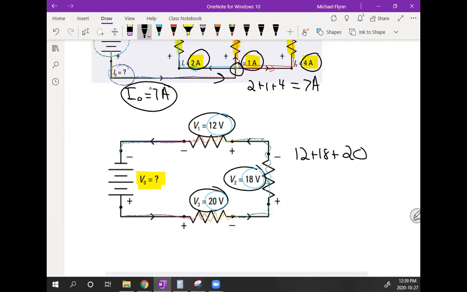That is equal to 50 volts. Well, that must be what the chairlift gave me. So therefore, this would equal 50 volts right there. Pretty straightforward, right?